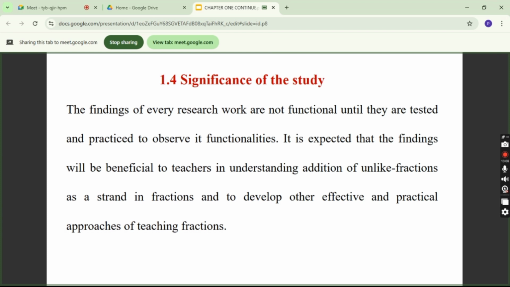It also benefits teachers for them to know the importance of using the paper folding method to solve unlike fractions. It also benefits stakeholders who are on board to know that there are other components or other resources that we can use in solving unlike fractions. So this explains the significance of the study.